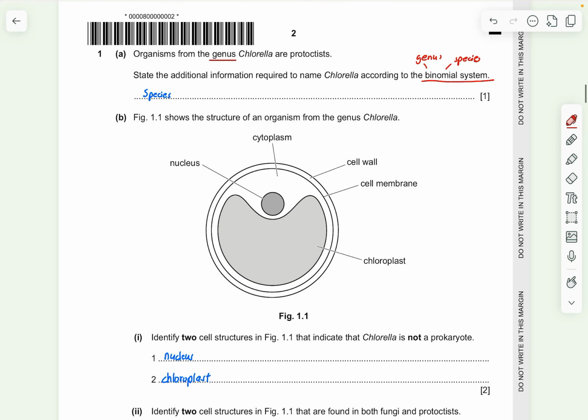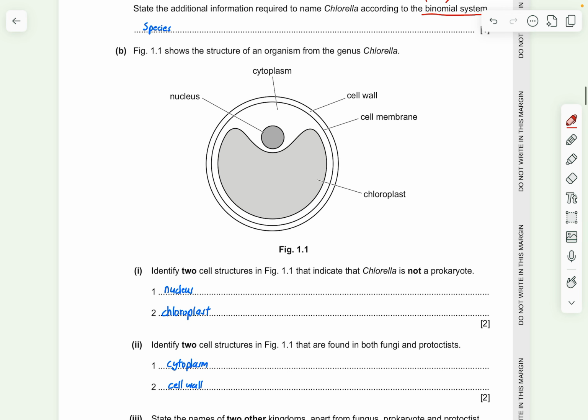Part B. Figure 1.1 shows the structure of an organism from the genus Chlorella. Part 1. Identify two cell structures in figure 1.1 that indicate that Chlorella is not a prokaryote. It's just some features to differentiate between this organism and the prokaryote.